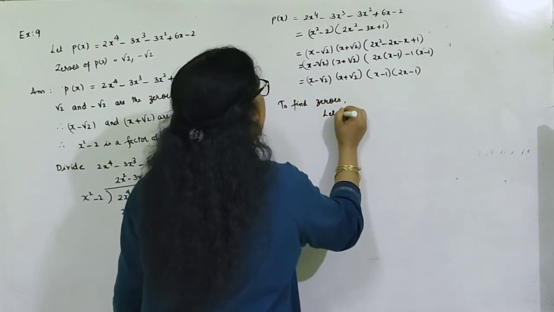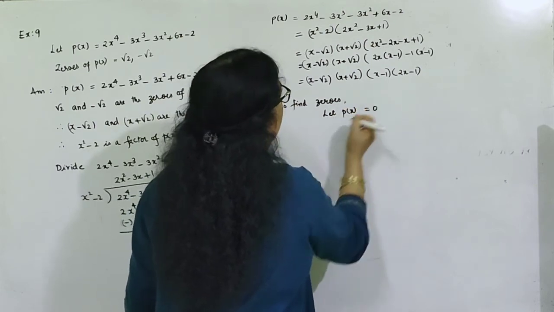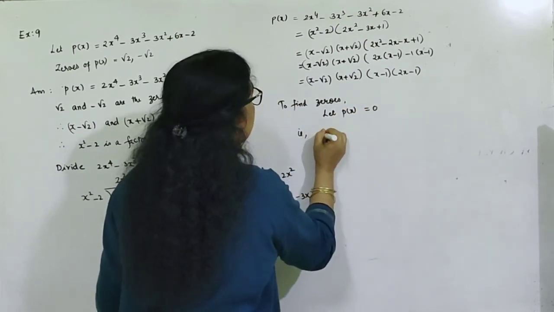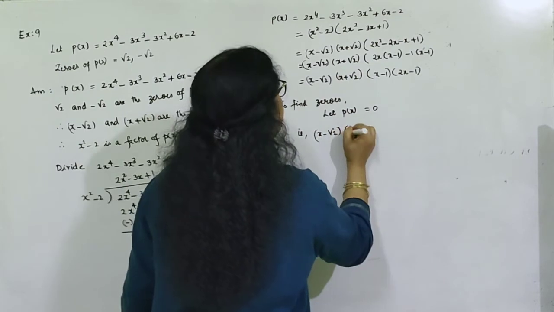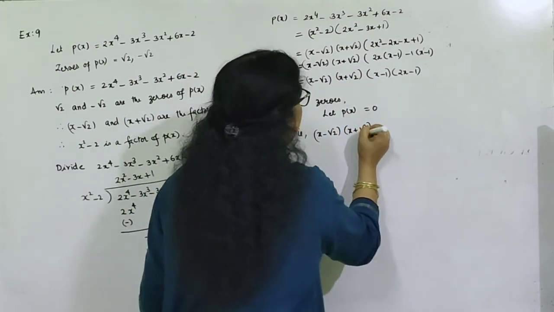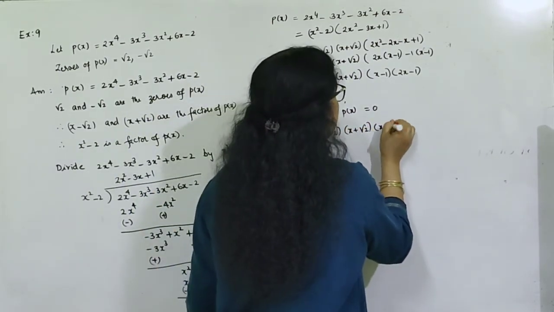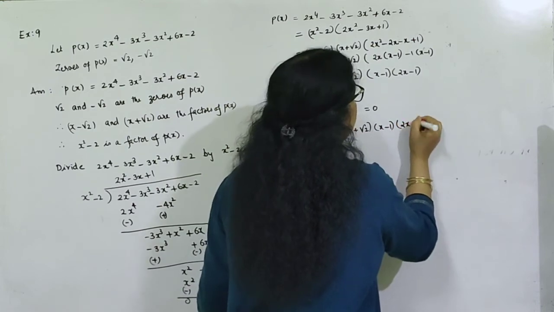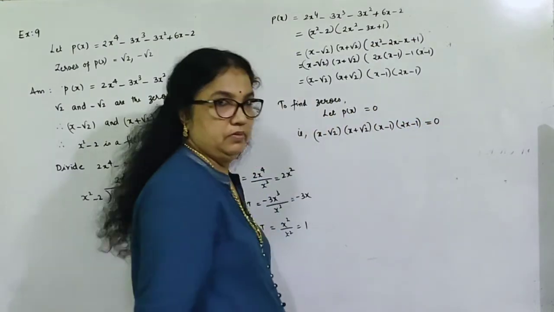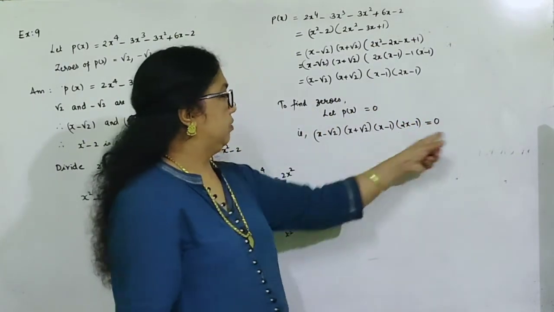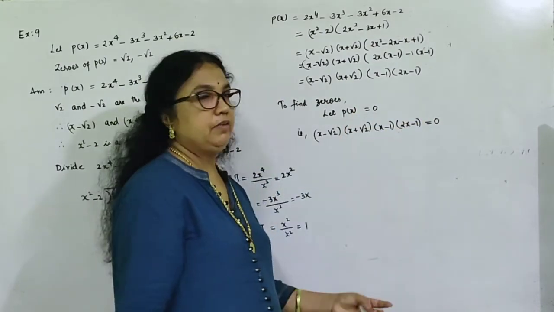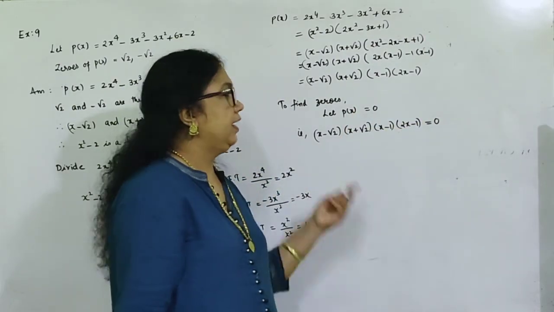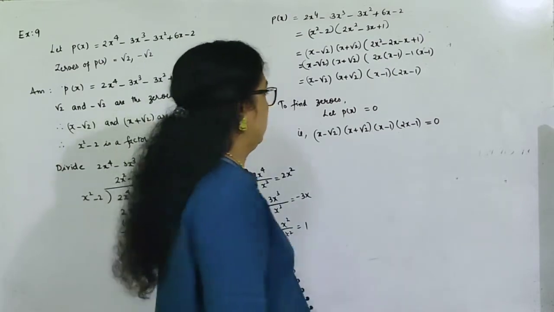Let p of x equal to 0. That is x minus root 2, x plus root 2, x minus 1, 2x minus 1 equal to 0. So each one, the product we have taken, and we know that if the product is 0, then any term can be 0.